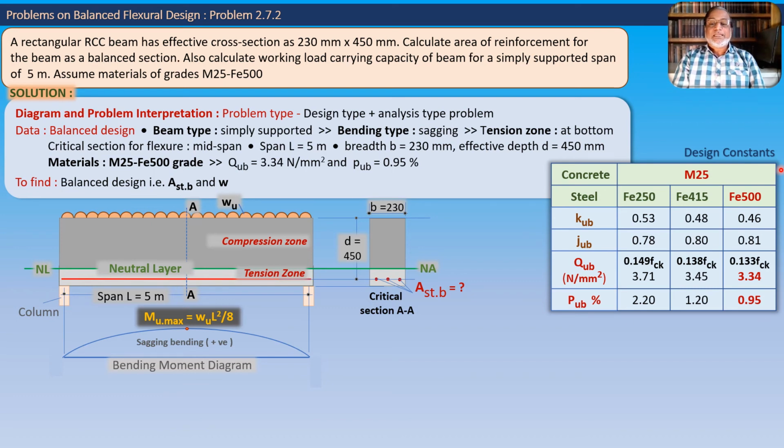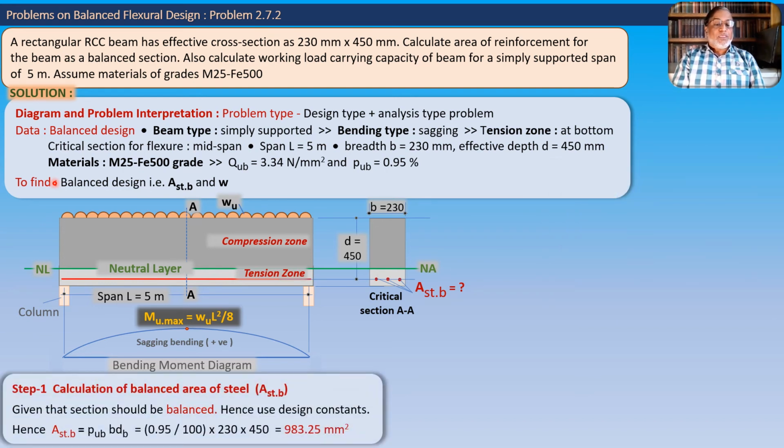So data tells us that materials M25 and Fe500 are used. For that, according to this reference table, we get the values of Qu,b as 3.34 Newton per mm square and pu,b as 0.95% as the steel constant. So we are now supposed to find out Ast,b, the balanced area of steel, and the working load carrying capacity W.